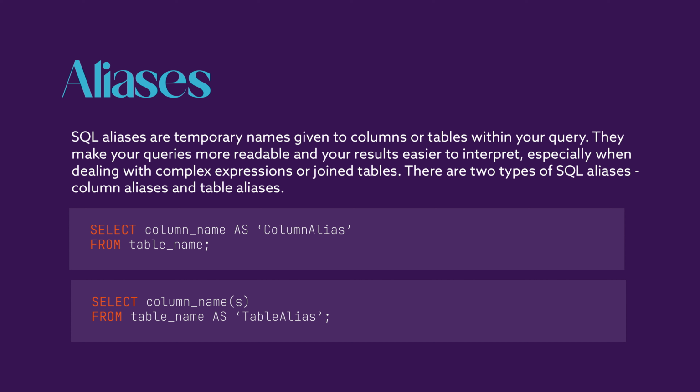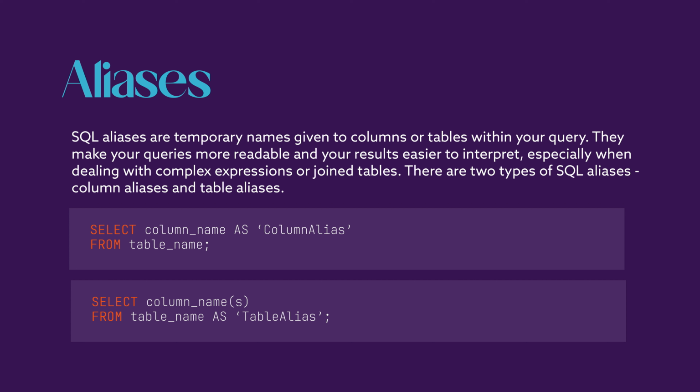SQL aliases are temporary names given to columns or tables within your query. They make your queries more readable and your results easier to interpret, especially when dealing with complex expressions or joined tables. They allow for clear, concise names, making complex queries easier to read and understand.